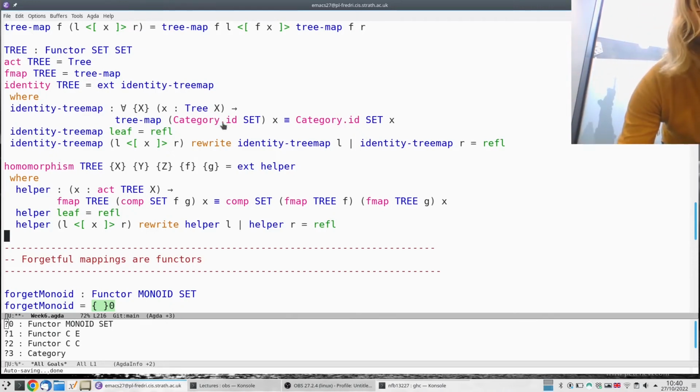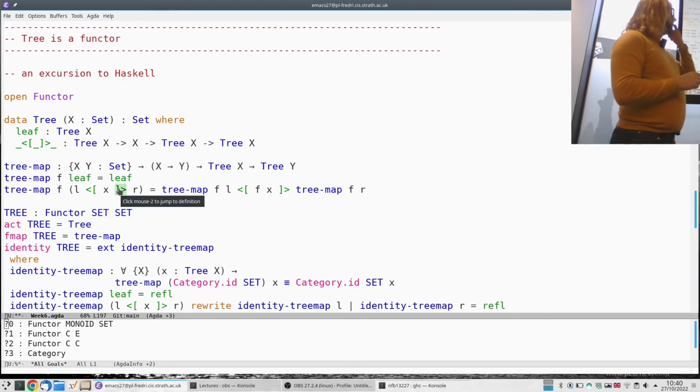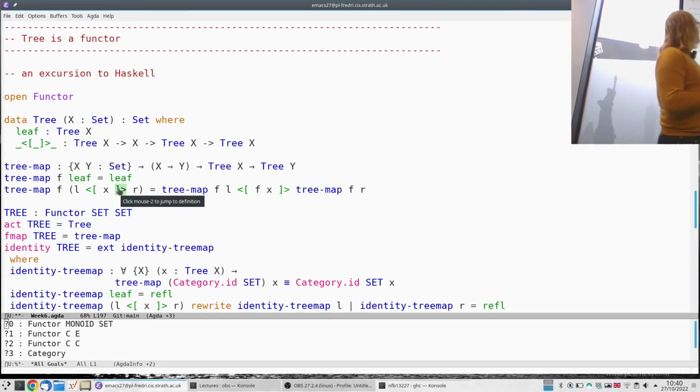Yeah, sure. I would say they are the same because the tree map here is defined in this very particular way. It's turning leaves into leaves and nodes into nodes, and doing recursive calls on the subtrees. So your proof is always going to follow the same structure.